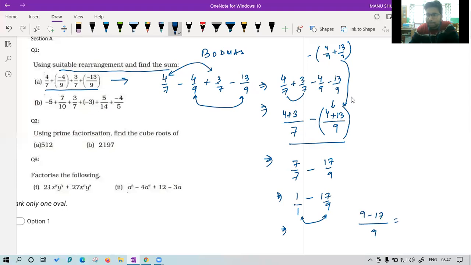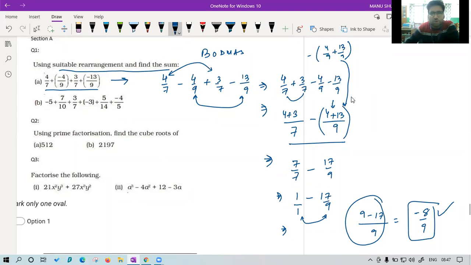Answer is, yes class? All of you got this answer? Please confirm. Minus 8 upon 9. So all of you got this answer? While solving the test, you can compare with your solutions also so that you can check at the same time. So please explain it again, Prisha.